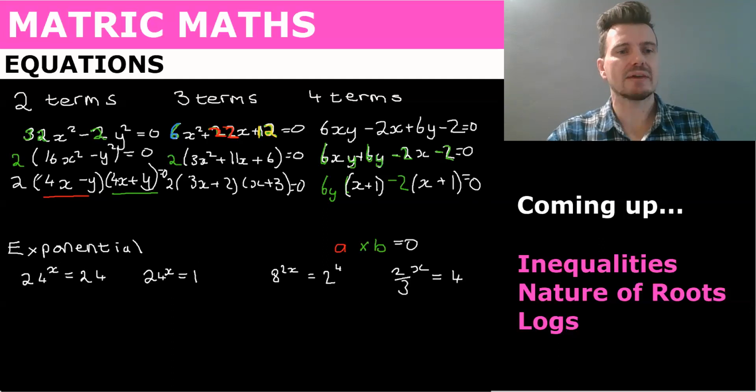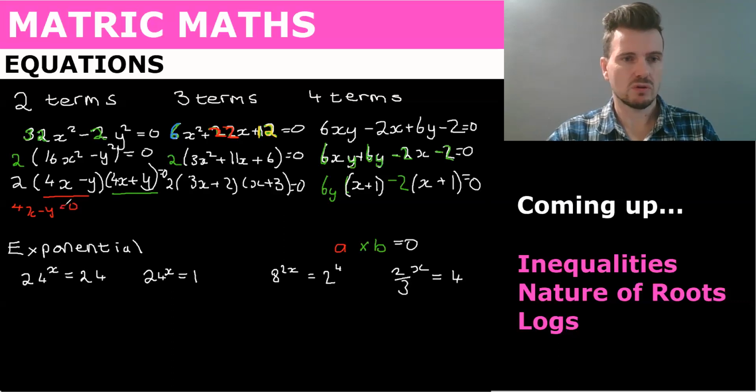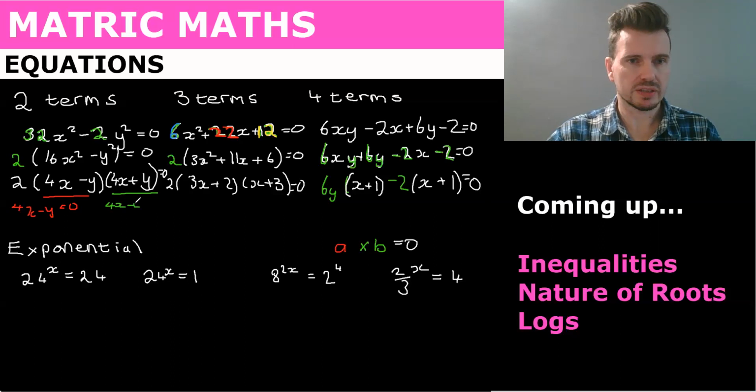Obviously, 2 can never be 0. 2 is 2. So it's only true for these two being 0. So we can say 4x minus y could equal 0, or 4x plus y could equal 0.